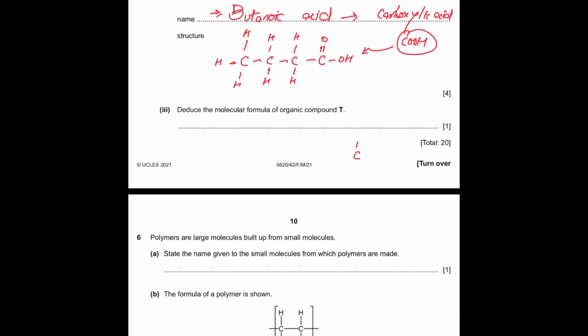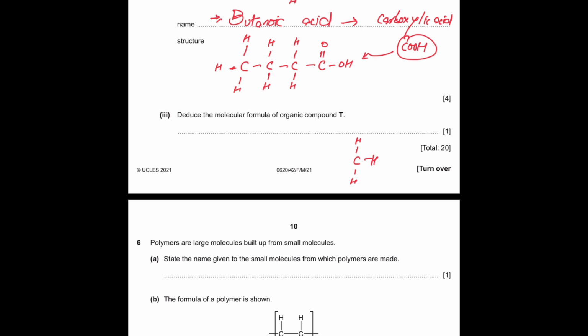So C H H H, and here will be oxygen O, here's C and O, sorry for that. So there will be C double bond O, and there are 3 carbons there.